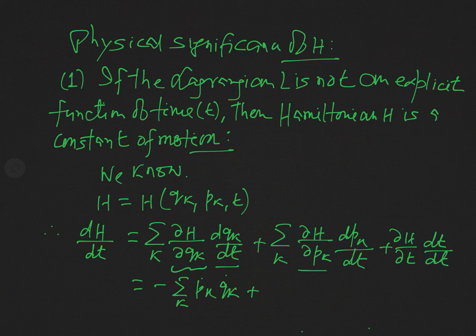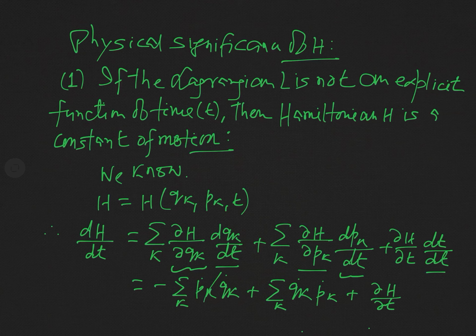From Hamilton's equation we know that this is qk dot. So this is summation over k qk dot and dpk by dt, this is pk dot. And here dt is 1, so this is del H by del t.